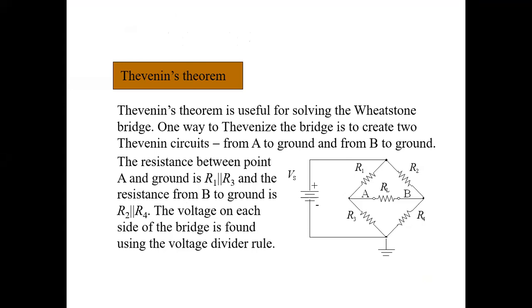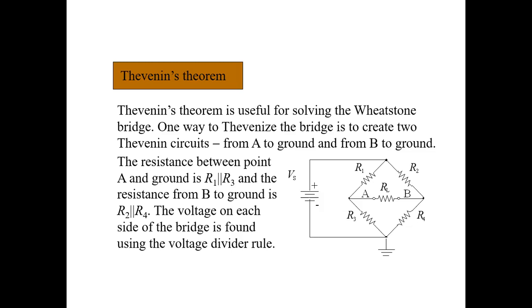Then, for the next example, Thevenin's theorem is also applicable to the Wheatstone bridge circuit. The way to solve the Wheatstone bridge using Thevenin's theorem is firstly to create two Thevenin circuits, from A to ground and from B to ground.